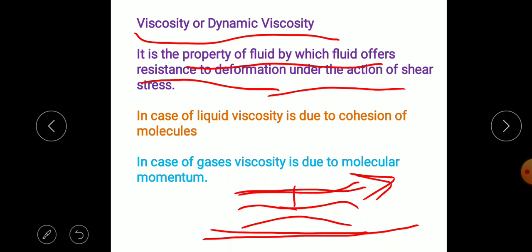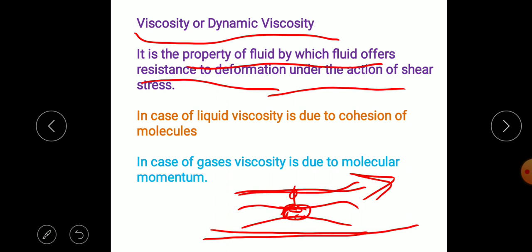What happens is that due to the cohesive force, the bottom layer's molecules resist the flow through cohesive attraction. So the fluid will not be easily moved because of this viscosity. So viscosity causes resistance to the flow.